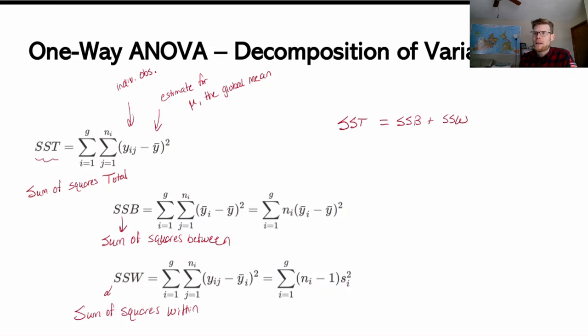So the idea is, if this factor variable is really helpful in modeling the response, then the sum of squares within is going to be a lot smaller in relation to the sum of squares total, and the sum of squares between is going to be a lot larger in relation to the sum of squares total, right? Because that means there's not a whole lot of variation left if I'm using the group means as my estimates, and there's a lot of variation from group to group if the factor variable actually matters in predicting the response variable.